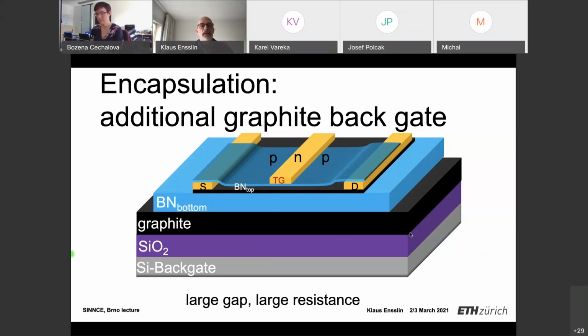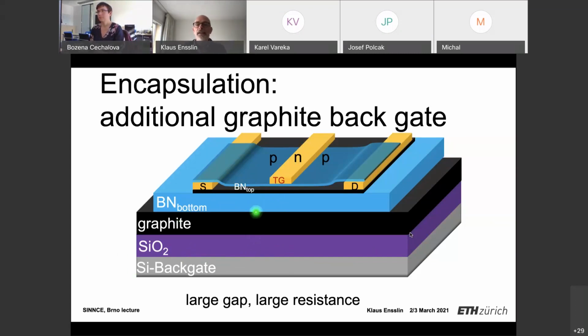So we all know, as I said before, silicon dioxide is an amorphous insulator, and it has charge traps. So basically, there are local charge fluctuations and therefore electric field fluctuations. If you position your graphene relatively close to these fluctuating charges, you induce a fluctuating potential that can give rise to localization and to disorder.